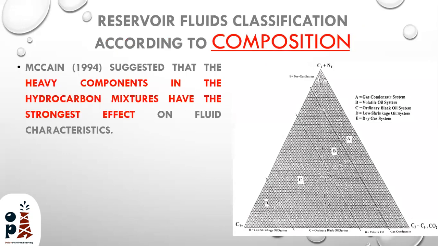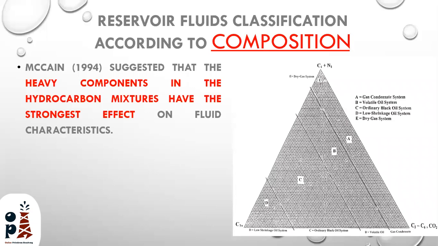So we use the first and the second methods for differentiating between oil and gas reservoirs: using the composition, locating the reservoir pressure and temperature on the phase plot, and also recognizing the production performance or the initial production from the reservoir.